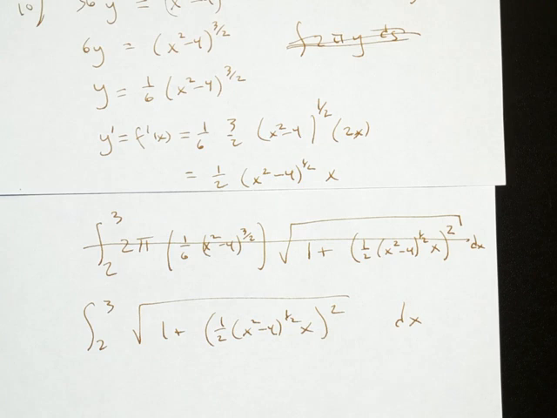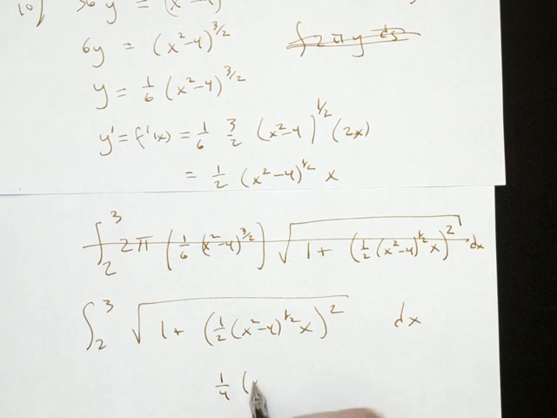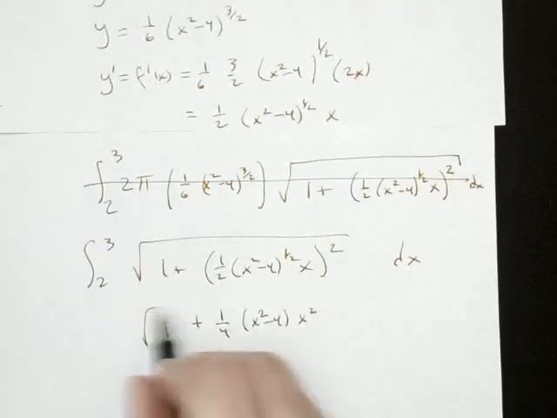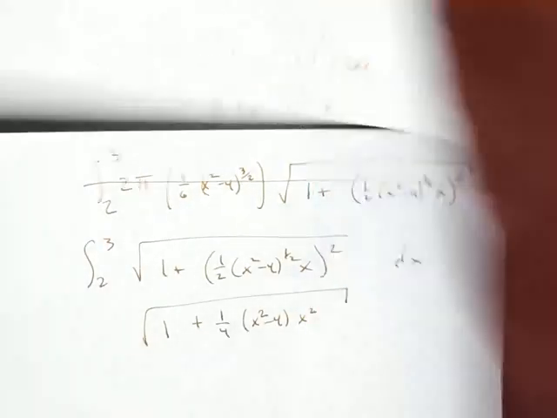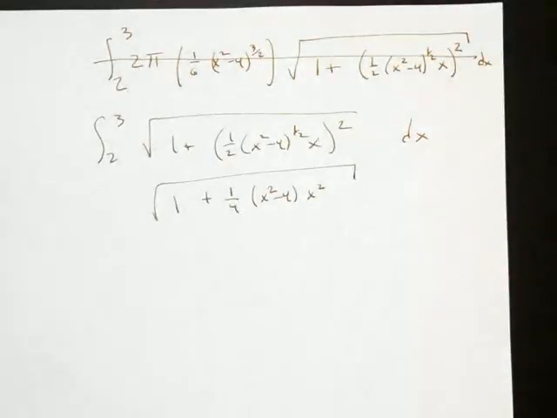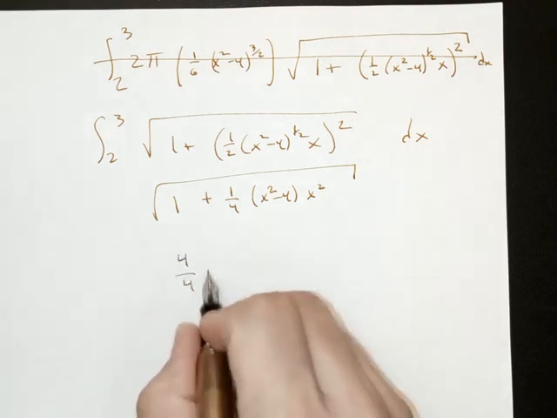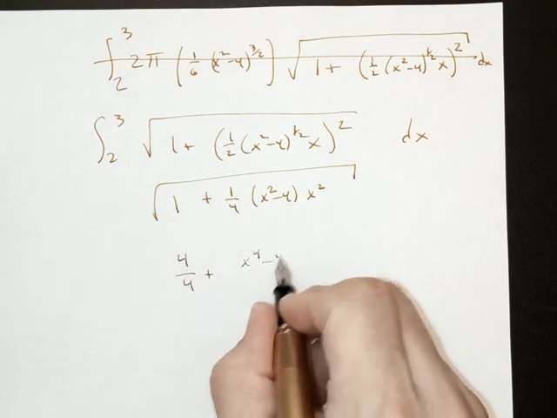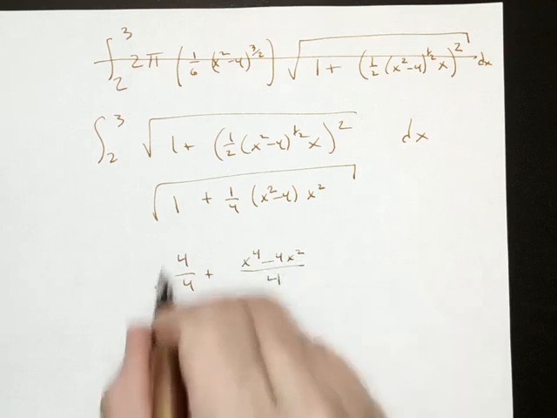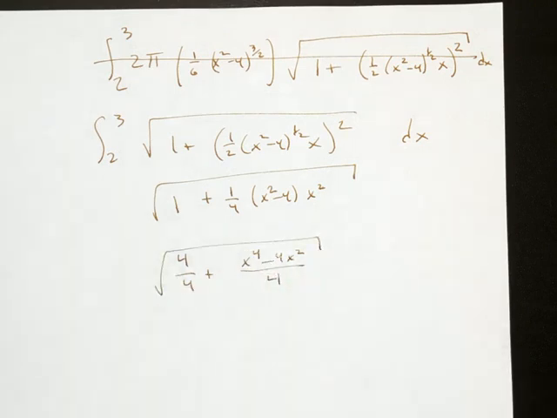Let's see what happens. I multiply this out, and I get 1/4 times x squared minus 4 to the 1, and then I get another x squared. Right? So all of that is over 4. So instead of writing 1, I'll write 4 over 4. Yes?